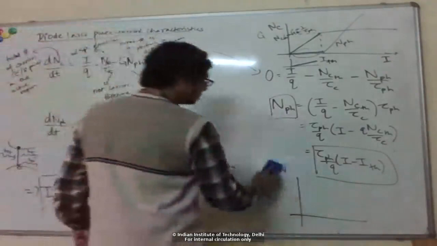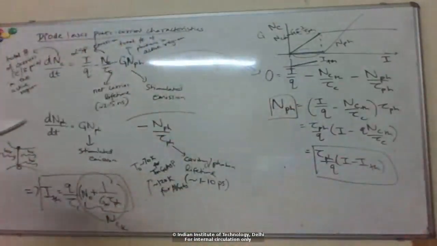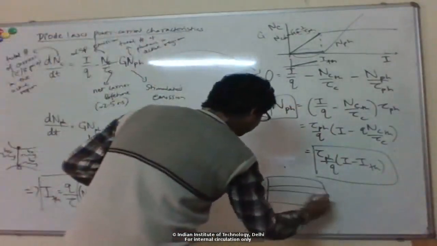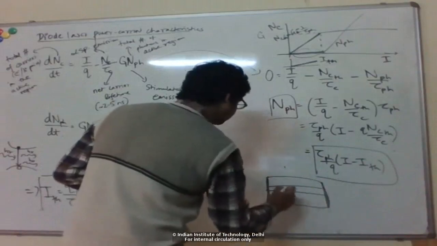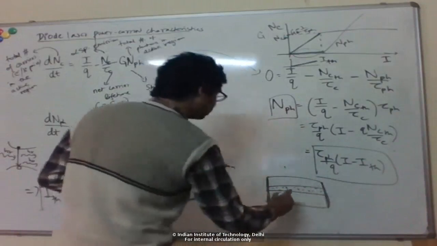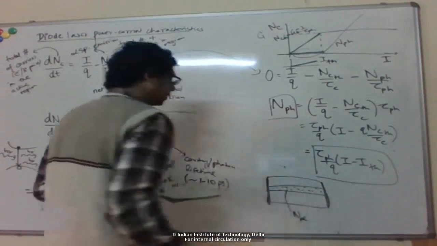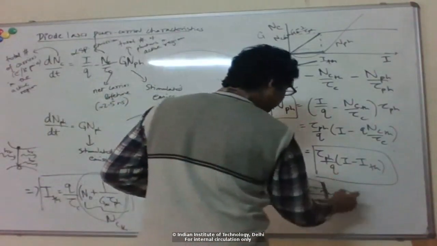Okay, so this n photon is basically the number of photons inside my device, right? So I have my laser cavity, let's say, formed between these two mirrors. There's some active region here, so there are some photons generated here in the active region. But eventually I'm interested in what power is coming out of the device.